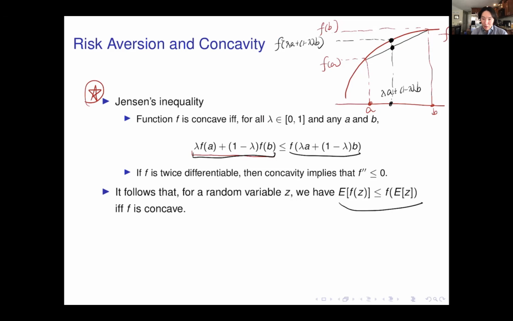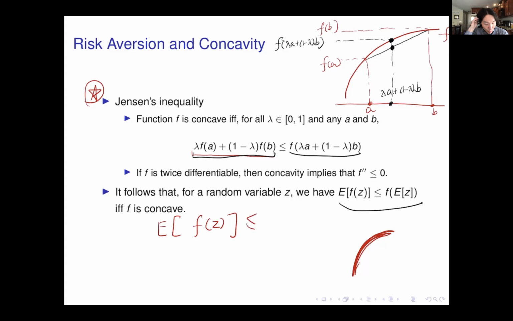Expected value of some concave transformation of the random variable. Average of that is always greater.